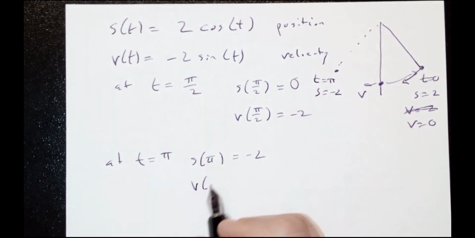And our velocity is, again, 0. So what happened? Tick. And then as I let it go, it's going to go back the other way, and it's just going to keep going. Simple harmonic motion.